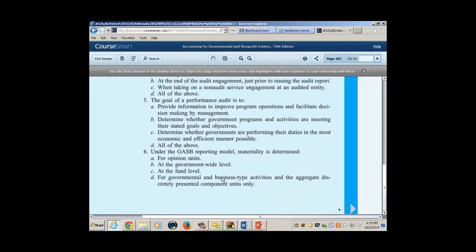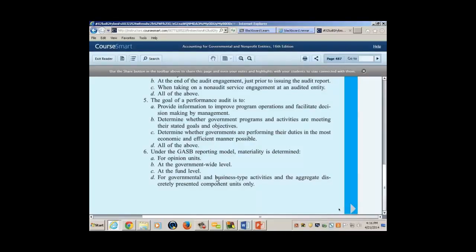Let's take a look at one of my favorite questions. Goal of a performance audit is to do what? Number 5. Actually, you know what? All of them sound good. So the answer is D.